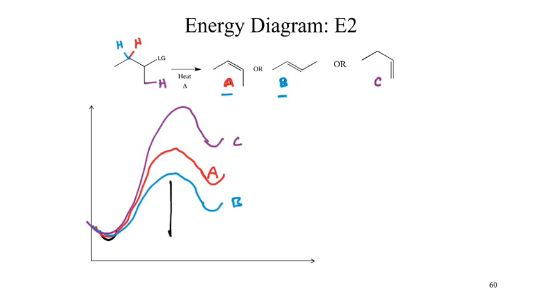Well, which one has the smallest activation barrier? In this case, B is our primary product. It's going to be very difficult to get A or C as potential products in this particular E2 elimination, because B is going to form the fastest.